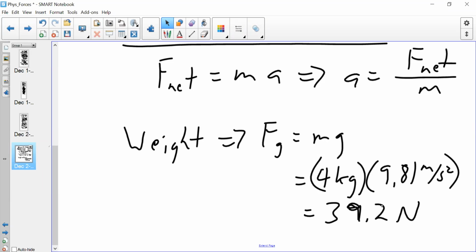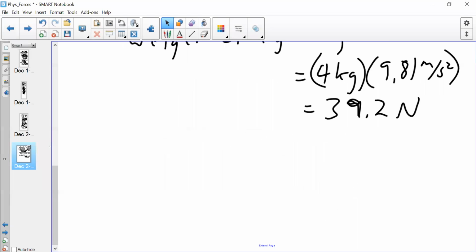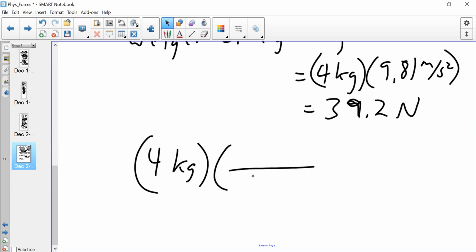So this is what's going to be read in newtons. In kilograms, it says 4. In pounds, well, let's do that real quick. So there's 2.2 pounds to a kilogram. Yeah, I believe that's correct. So the kilograms cancel. 8.8 pounds.